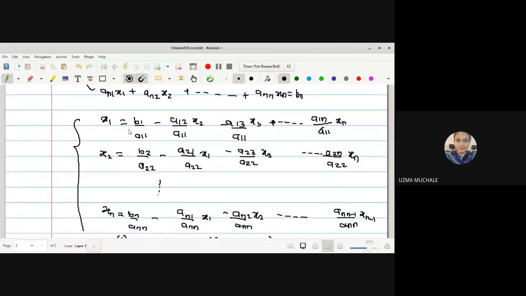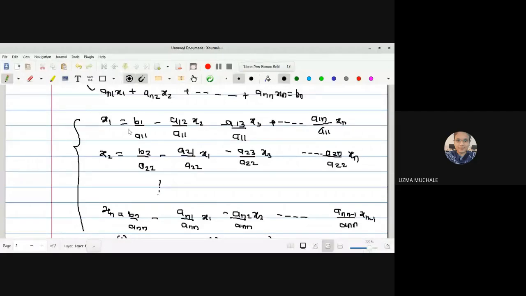So this value of x1 you have to use in the second equation, keeping all x3 onwards equal to 0. And for the third equation, what will be the result? x1, x2 you can get, and then you can get the value of x3 from this, and from x4 onwards, all the terms will be 0. Okay. So in general, from each equation you are getting one value, x1, x2, x3, and so on.